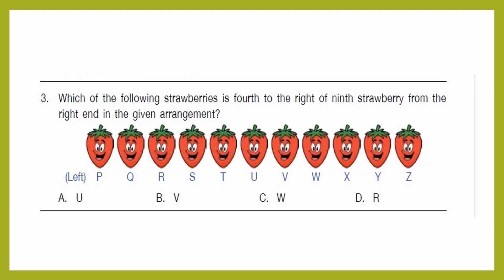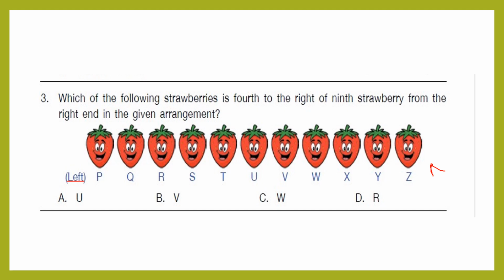Question number 3. Which of the following strawberries is fourth to the right of the ninth strawberry from the right end in the given arrangement? Here left hand is given here, so the right hand is here. Now the question said ninth strawberry from the right end.